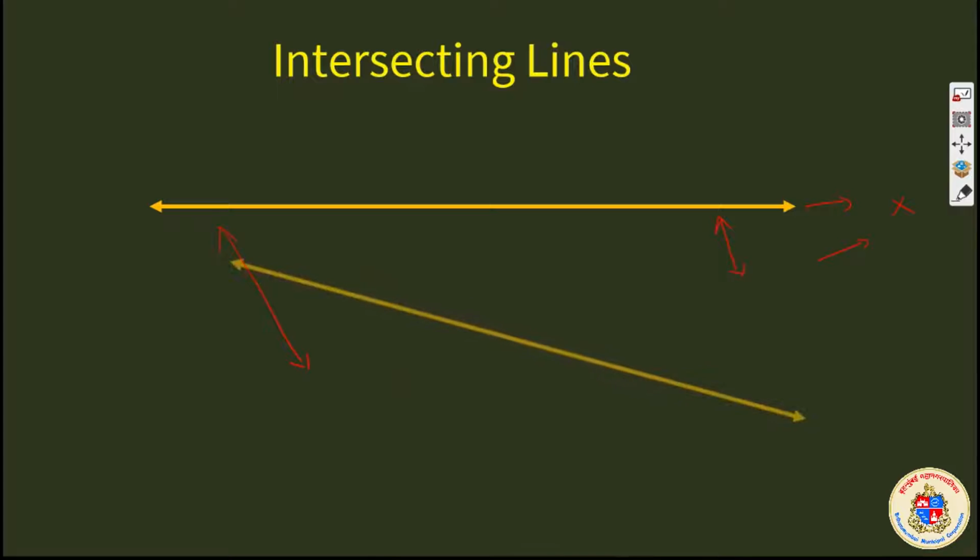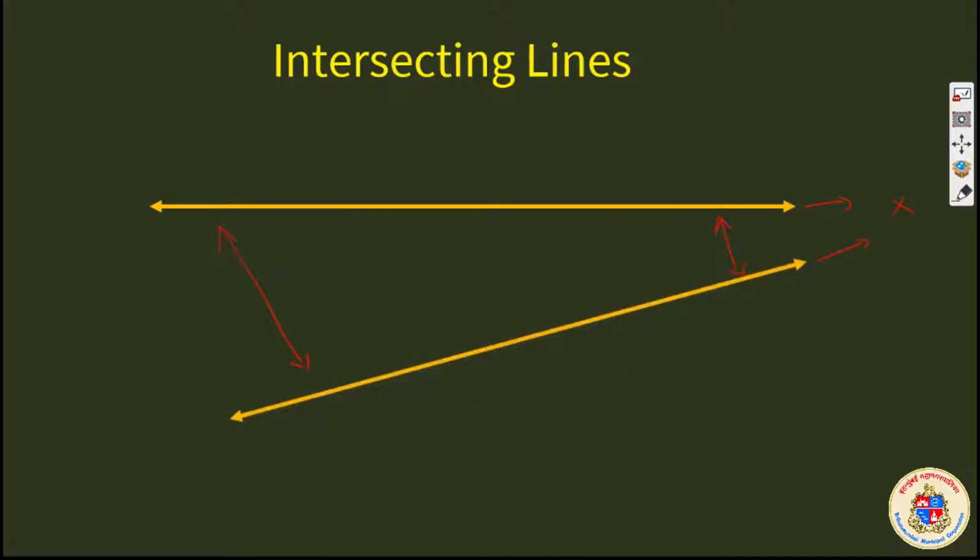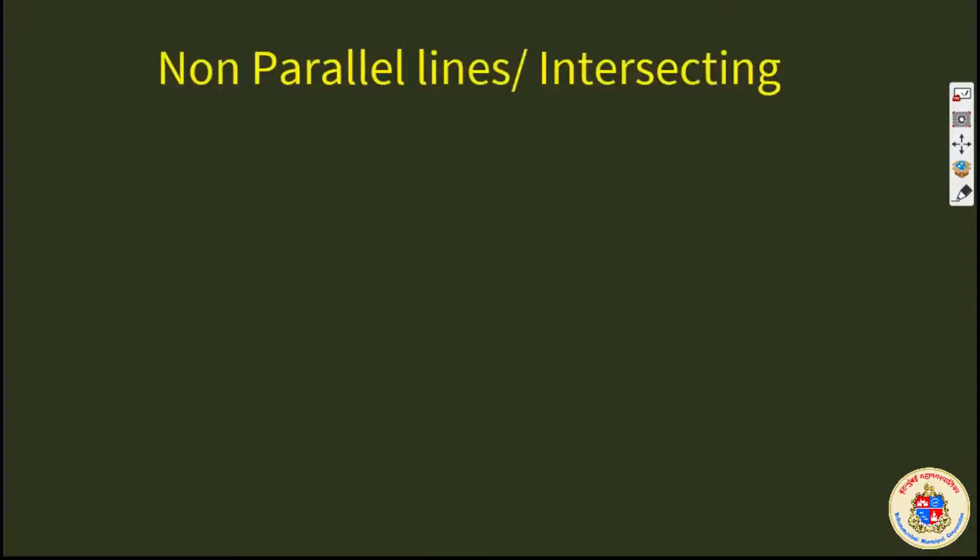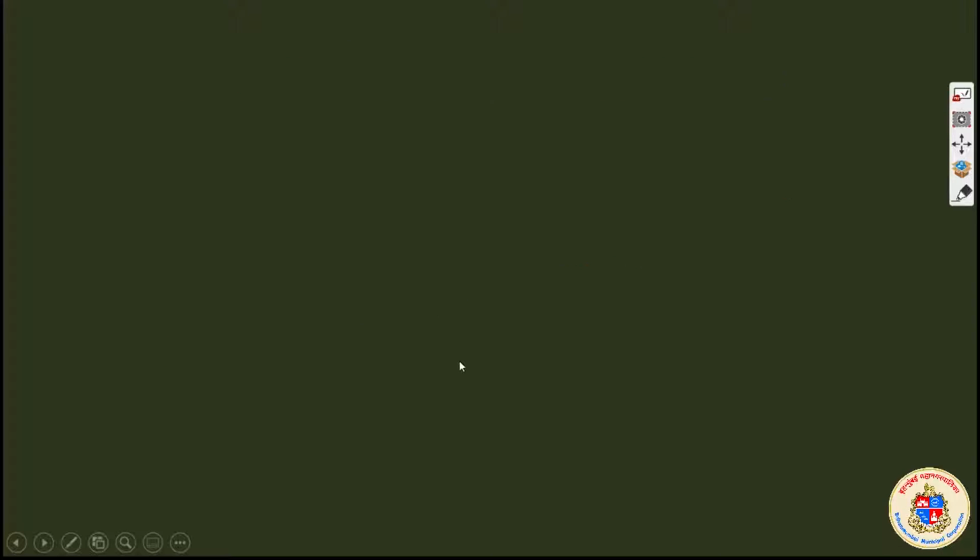Intersecting lines can be in any position, in any direction, and the distance between them can be in any format. So intersecting lines are otherwise also called non-parallel lines. And these are intersecting lines once again.